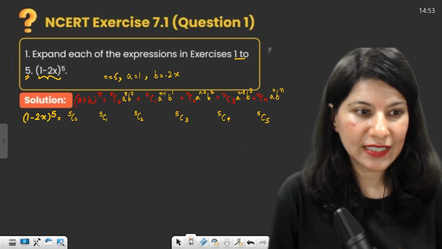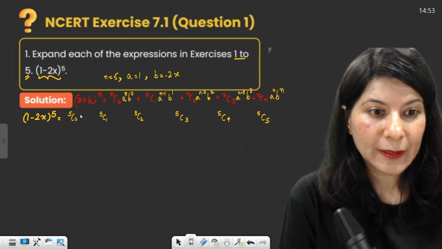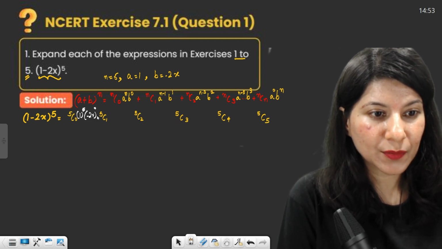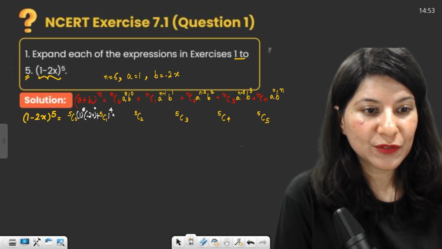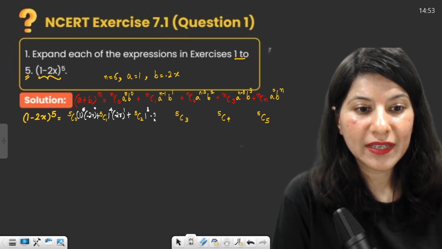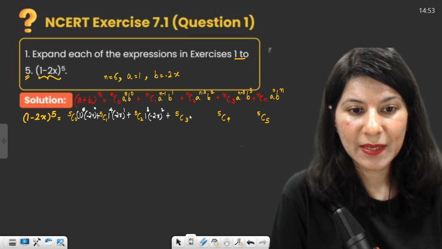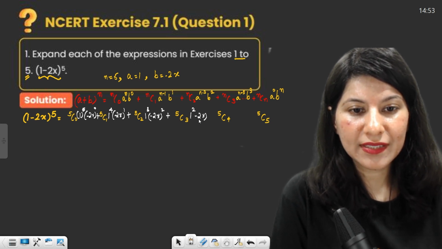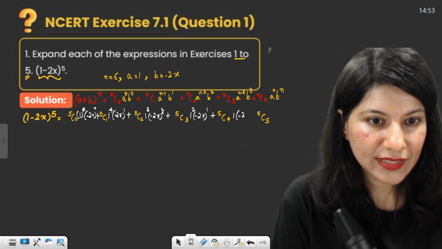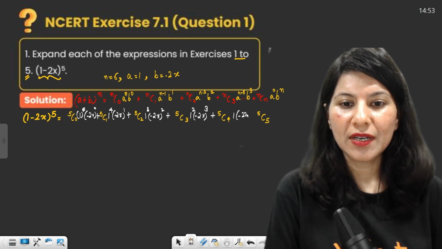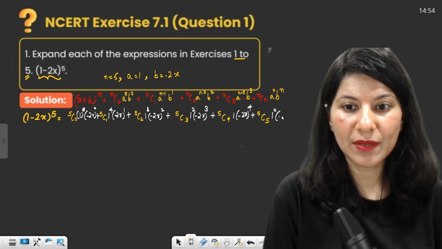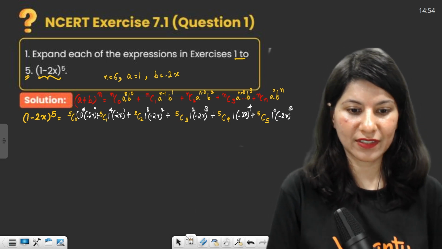And it will have 1 raised to power 5, minus 2x raised to power 0, plus 1 raised to power 4, minus 2x raised to power 1, plus 1 raised to power 3, minus 2x square, plus 1 square, minus 2x cube, plus 1, minus 2x raised to power 4, and lastly 1 raised to power 0 and minus 2x raised to power 5.